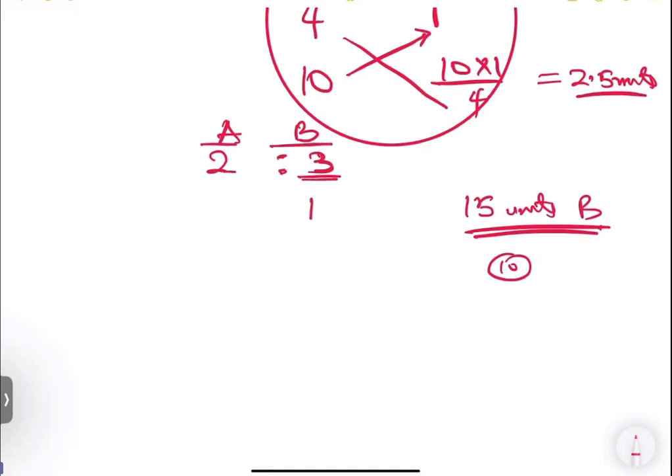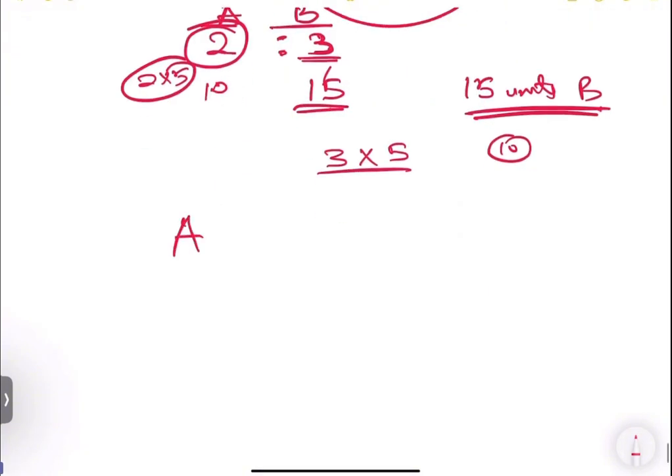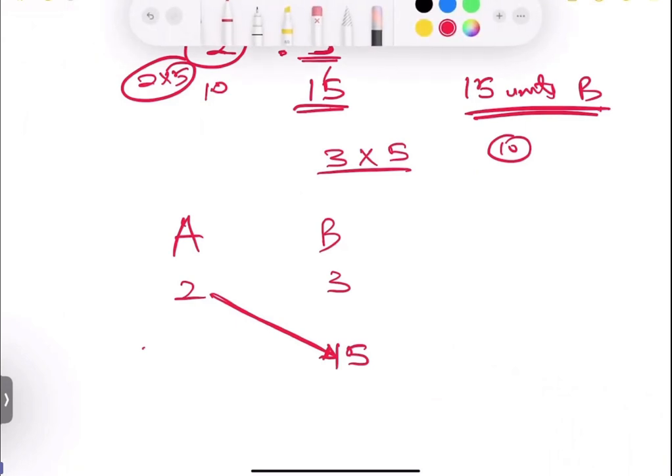Now we are saying B is 15. What is A? That's what we're asking you. Because if A is 2 and B is 3, then when B is 15, when you cross multiply, what is going to be on top is 2 times 15, then you divide by 3. And that's 30 over 3. And that's how you got 10.